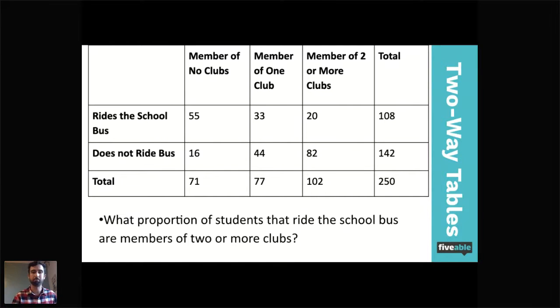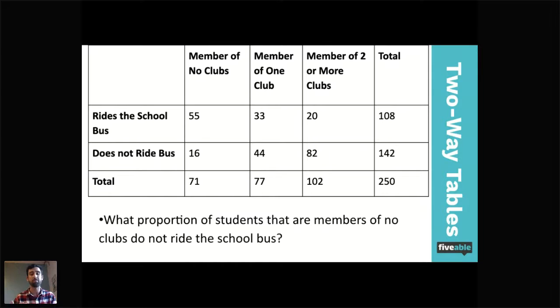Let's try another one. Question 2. What proportion of students that are members of no clubs do not ride the bus? Okay, we're still working with that same idea of focusing on one group of students. What proportion of students that are members of no clubs? So if you're a member of a club, great, but we don't care about you right now.